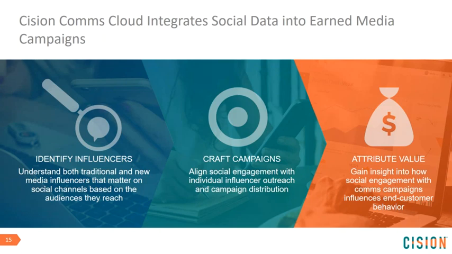Next, by evaluating the level of engagement with a specific social post, as well as the individuals who have participated in the interaction, they can determine which content is most impactful to the audiences that matter to their brand. And then lastly, they can attribute value to their social media efforts and share success with key internal and external stakeholders through reports.